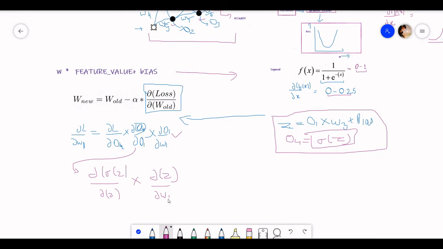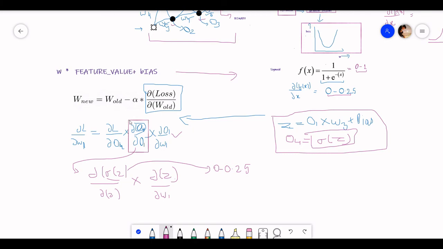Now we already know that the range of the derivative of the sigmoid activation function lies between 0 to 0.25. Let's suppose we have done this with only one derivative.